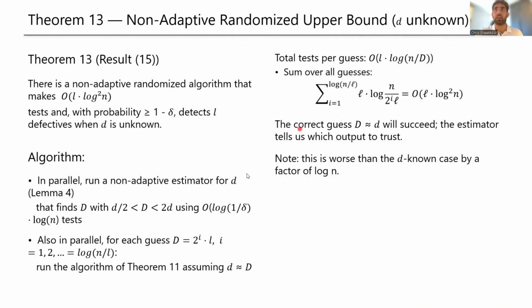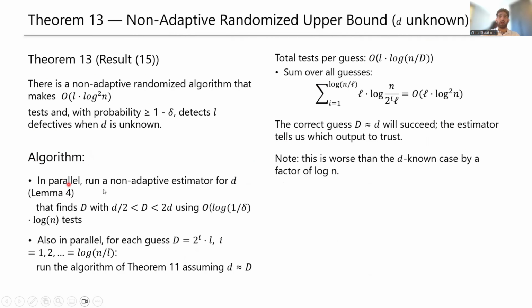So, okay, the algorithm here is fairly simple. In parallel, we run a non-adaptive estimator for D, which is lemma number 5. We want to estimate the number of defective items, which is D, to make this a known problem and ease the problem, and then maybe use theorem 11.